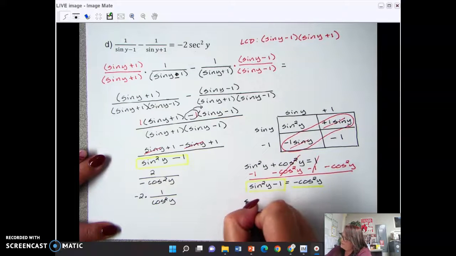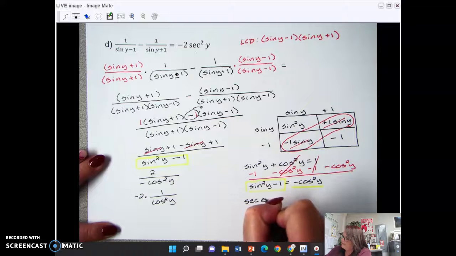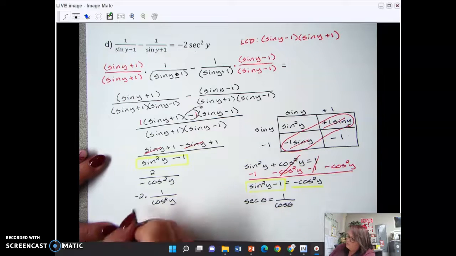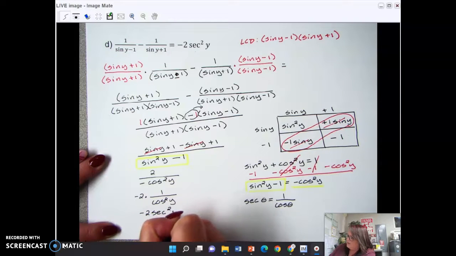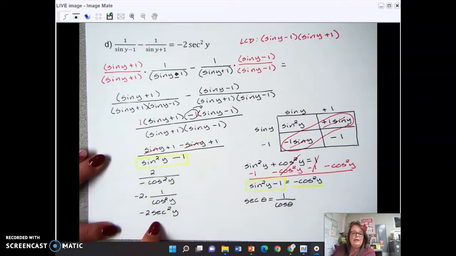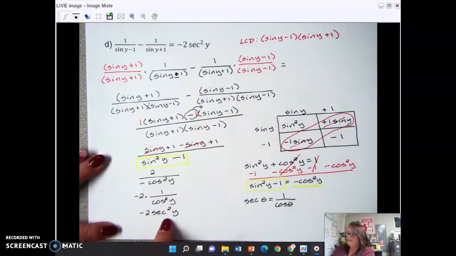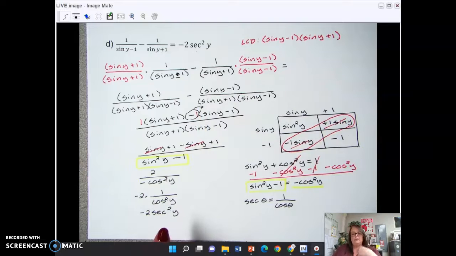And then remember we said secant of theta is the reciprocal of cosine of theta. So that means that 1 over cosine squared of y is the same as secant squared of y. And so now that I've done that, I got the left-hand side to match the right-hand side. And so I have shown that it's an identity.